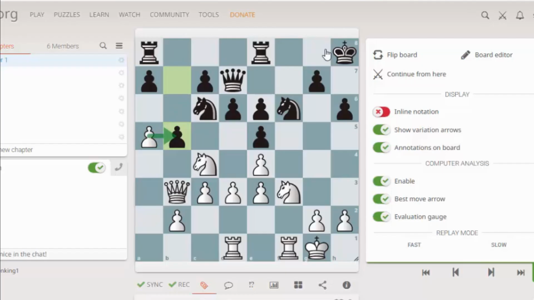The pawn should be here, but that's not happening. It's going to b6. So you have to write a5 x and the destination square, b6. Yes, a5 x b6.